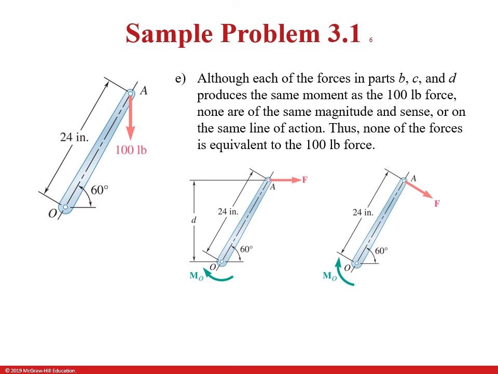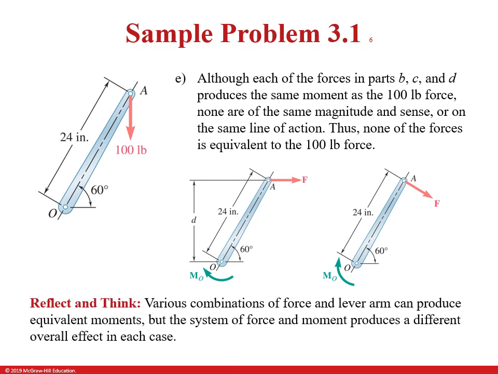All the forces are different, but we wind up with an equivalent moment. So you can get the same moment by applying different forces at the same point along different lines of action. I think the point they want you to think about here is what I just said: various combinations can produce equivalent moments. And the system of a force and a moment produce a different overall effect for each case.